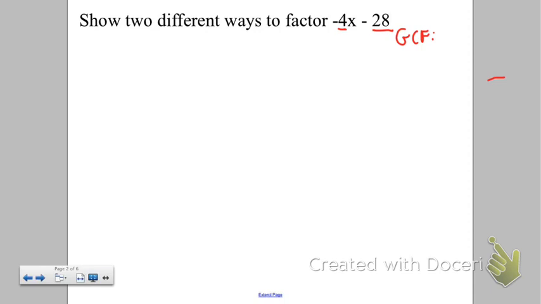The greatest common factor that goes into both of those numbers is 4. Even though there's an x in one term, there's no x in the other, so my greatest common factor is just 4. The first way I'm going to factor this is using 4 as my greatest common factor. I'm going to divide each term by 4 and have my GCF outside the parentheses.